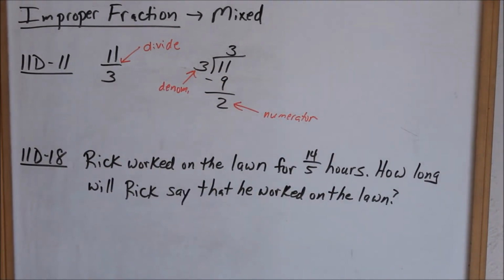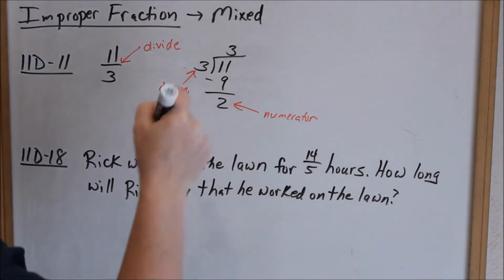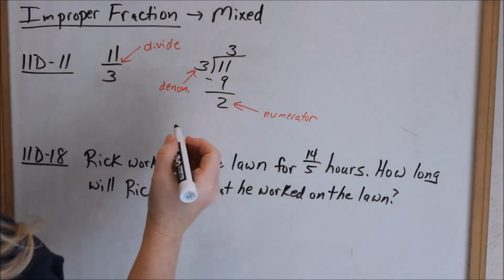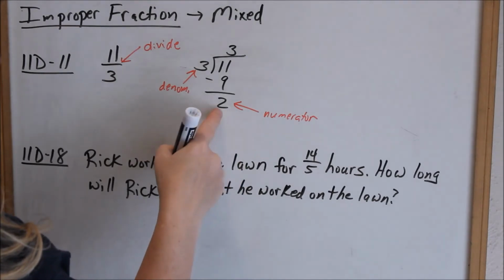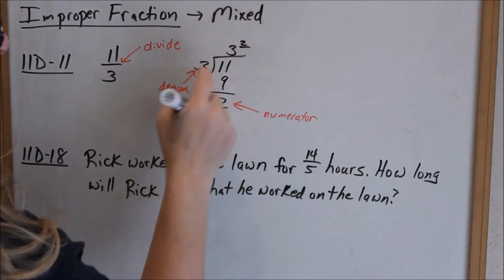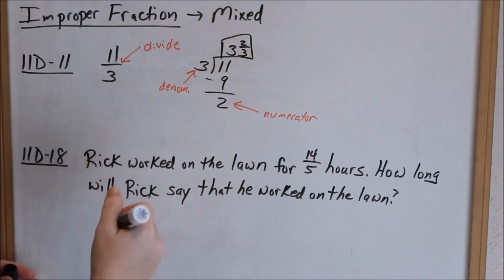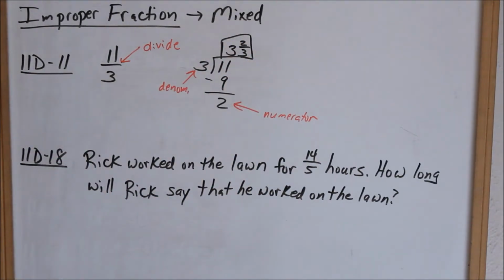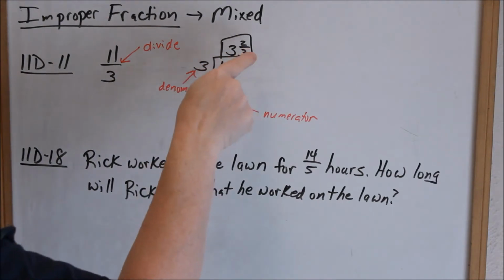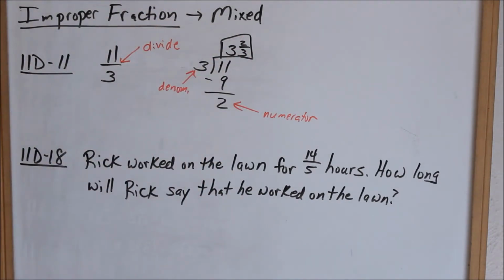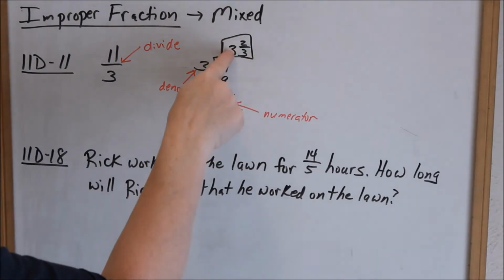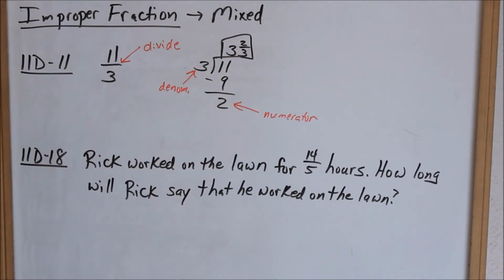Okay? So to write the fraction next to the 3 is your big number, your whole number, and then this becomes your new numerator over that denominator. So 3 2/3 is the same as 11 thirds. And you can go backwards and go through what we just went through to turn it to improper to check yourself. 3 times 3 is 9, plus 2, 11, 11 thirds.